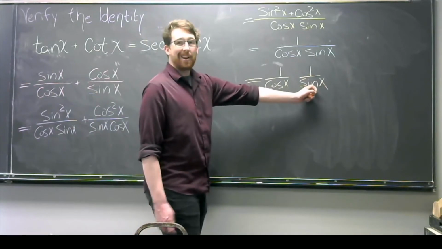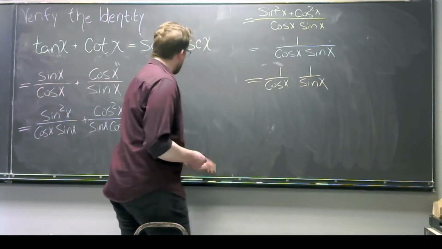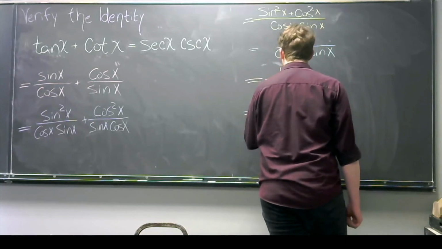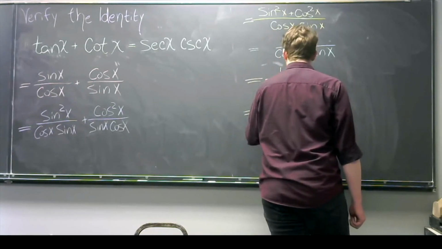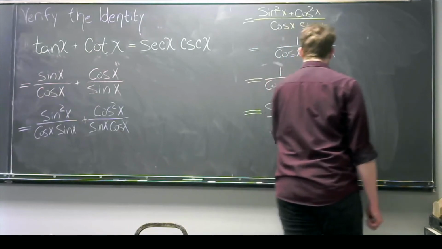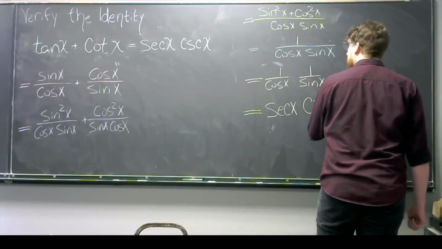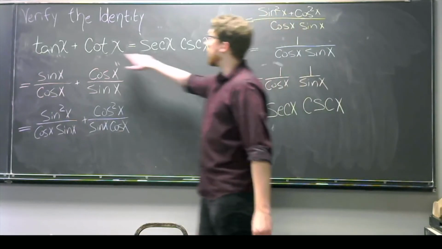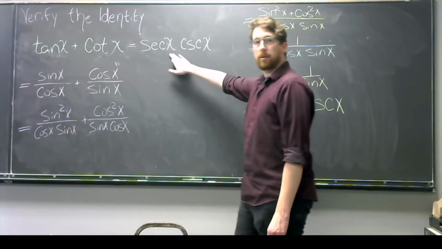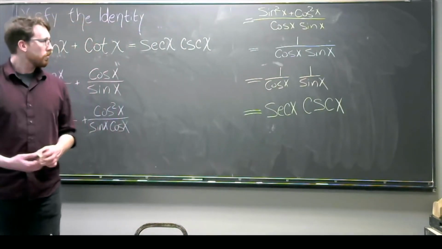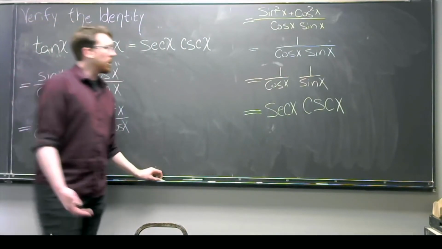And isn't that cosecant? So what we have is secant x times cosecant x, which is exactly what we were trying to find. Cool, let's keep keeping on.